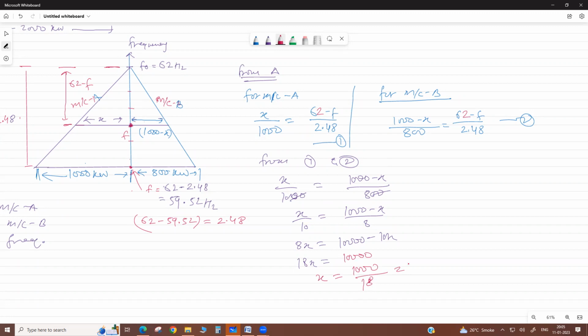10,000 divided by 18, so it comes 555.5556, you can add kilowatt.